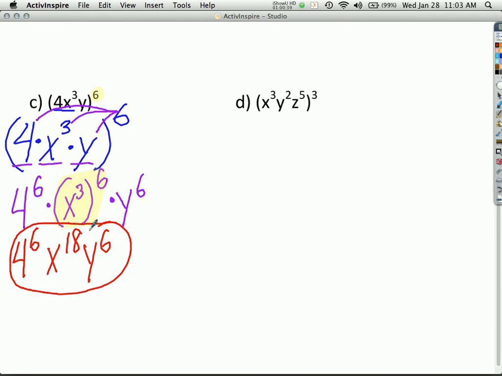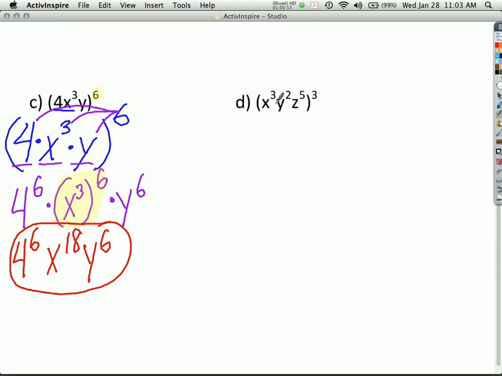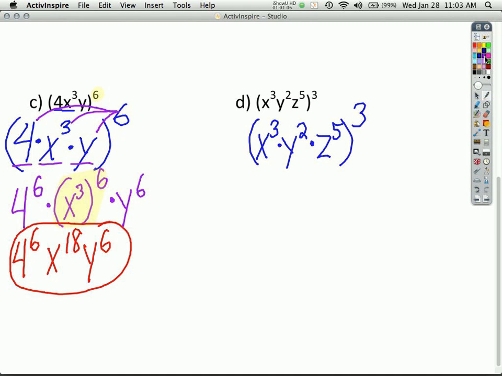So it can get tricky. But if you just pay attention, pace yourself, pay attention to the details, you will see, like in part D, it's more of the same. Start on the outside. This exponent's going to get applied to everything. But to make sure we don't mess up, when you write down the original expression, put the multiplication dots in there so that you see that they're all separate factors.